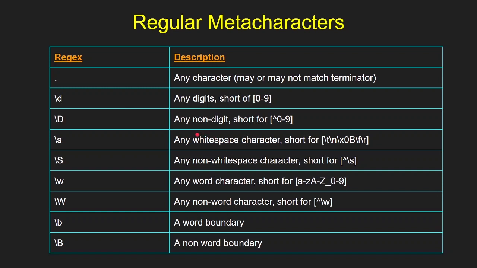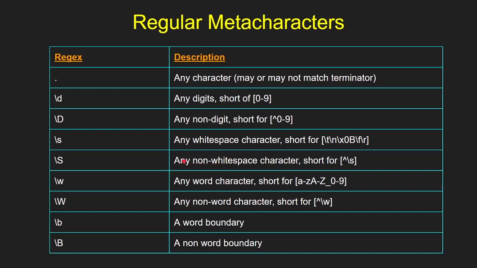Next is slash s, any white space character, which means slash t, slash n, slash r, anything which represents a space can be used in place of slashes. Okay, so if we don't want to use slash t, slash n separately, we can directly use slash s.